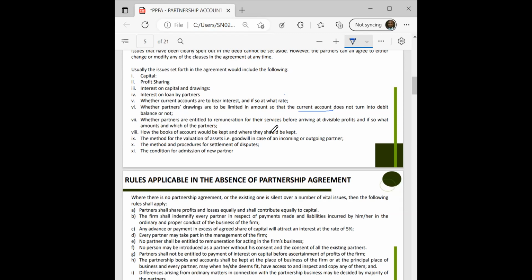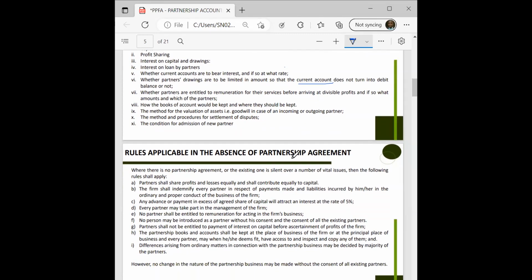How do we settle our disputes? Are we going to put it to a vote? If it is 2 persons and it's 50-50, what next? How do we settle disputes? What are the procedures for settlement? Then, if we want to admit a new partner, I and Motunrayo started the business.